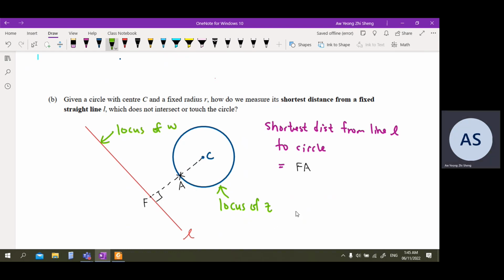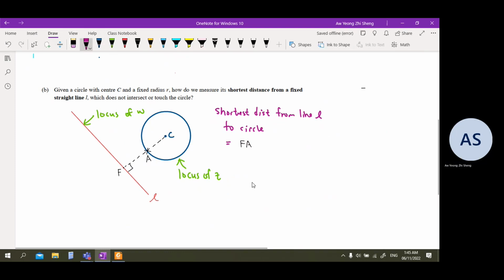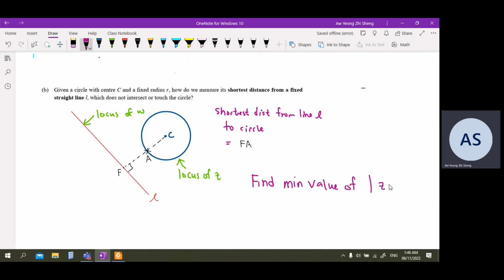Okay, so let's say in the past year question, you have already drawn the Argand diagram, and you have locus of Z being a circle, locus of W being a perpendicular bisector, which is also a straight line. Then they might ask you to find the minimum value of modulus Z minus W.